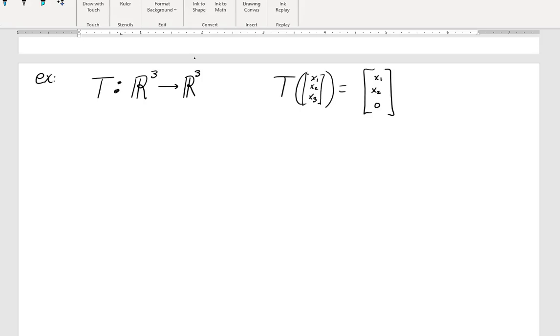And that can be expressed. There's a matrix that'll make that happen. I can't think of what it is off the top. But if we characterize this, let's draw a picture of R3.